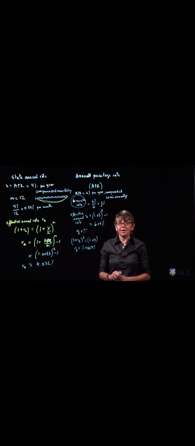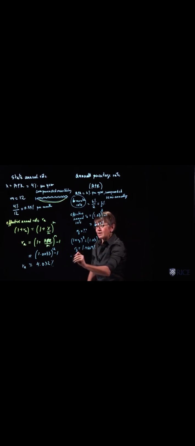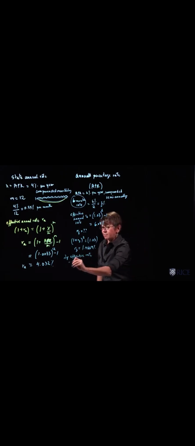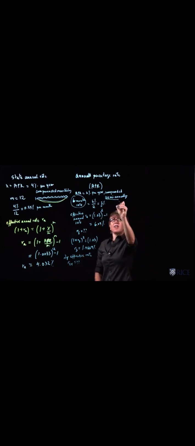What about the 2-year effective rate? Now we're looking at the effective 2-year rate, or you can think of that as the 24-month rate. Remember, the interest rate is being compounded every 6 months.